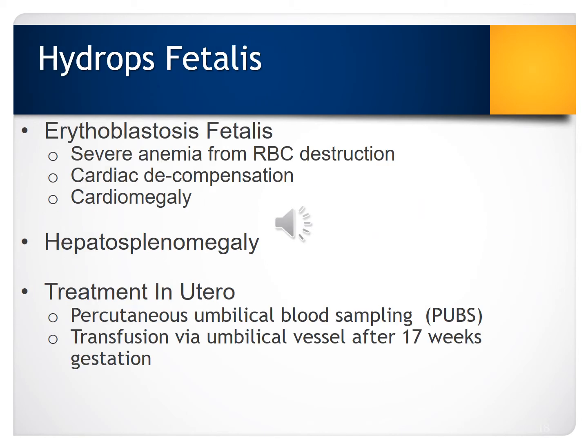So when maternal blood has antibodies against the positive antigen D found with the positive Rh factor of the fetus, you can develop a condition called hydrops fetalis, in which there's severe anemia, the fetal heart starts to decompensate, and then there can be cardiomegaly, enlarged liver and spleen, because it's trying to work harder to produce albumin.